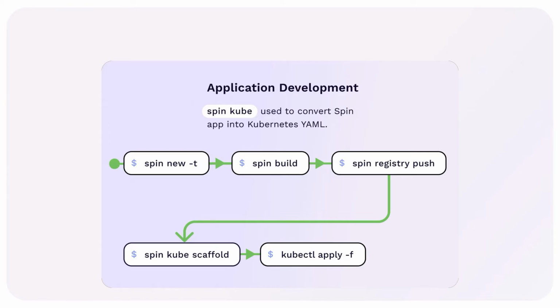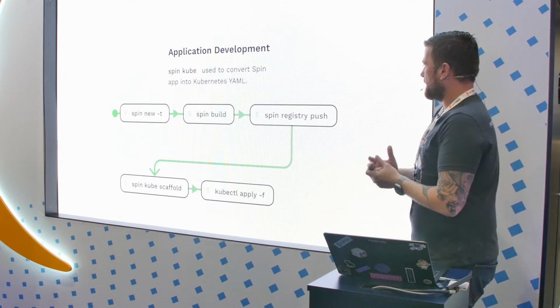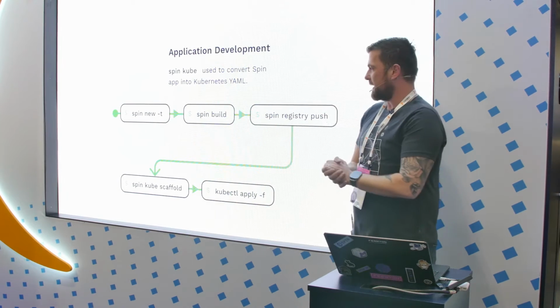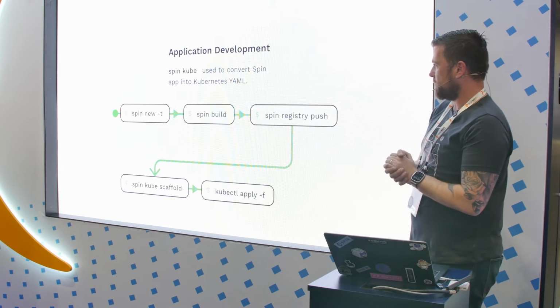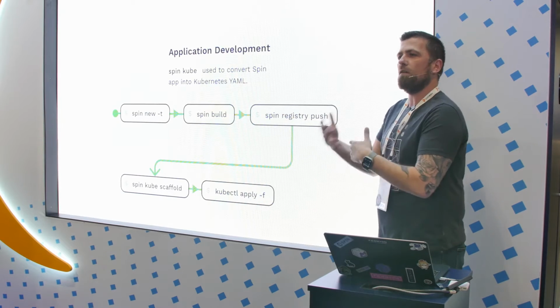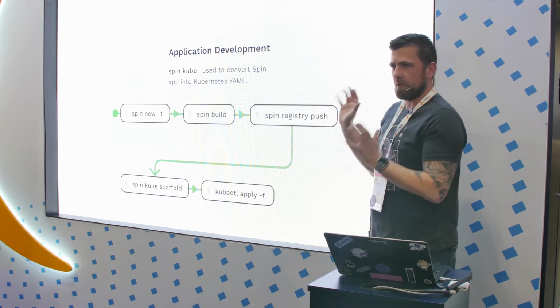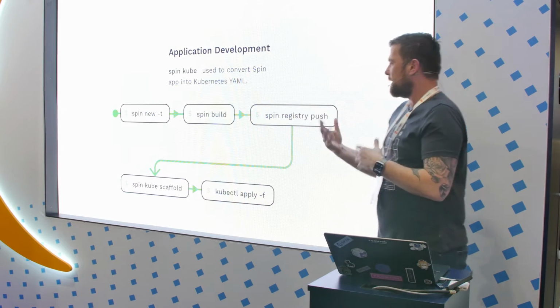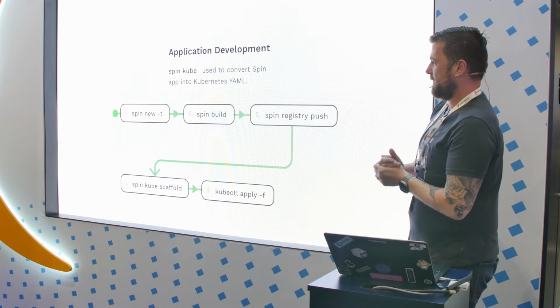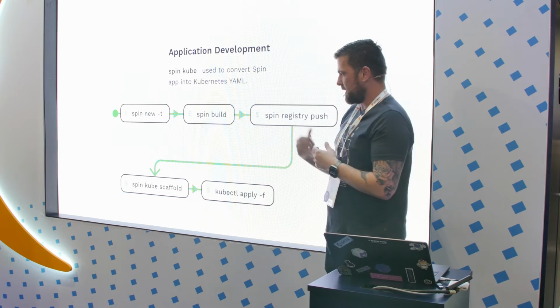Then we have to distribute the apps somehow. And a Spin app is always distributed as an OCI artifact, so you can use whatever OCI registry is available in your organization to store your Spin apps. So that's as easy as doing a spin registry push. If there's authentication required, you can do a spin registry login beforehand to ensure you're authenticated correctly and authorized to push there.